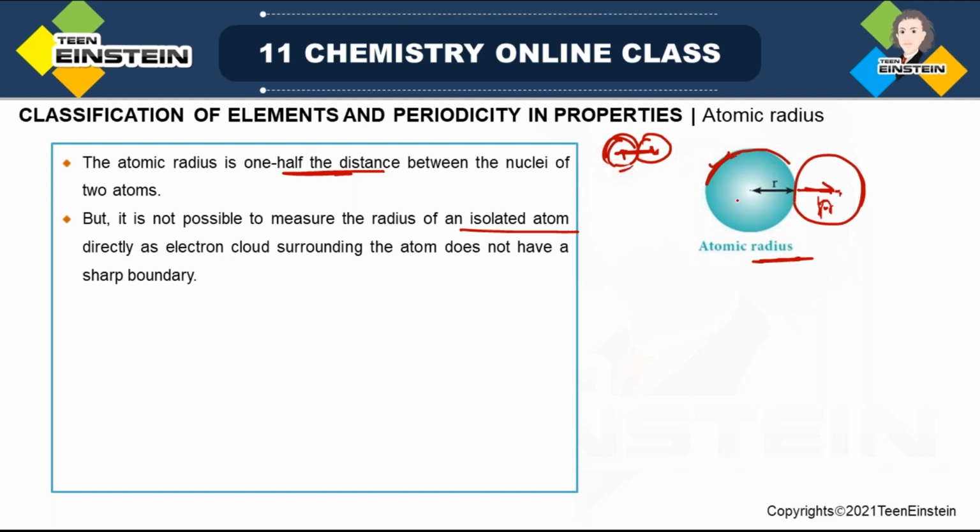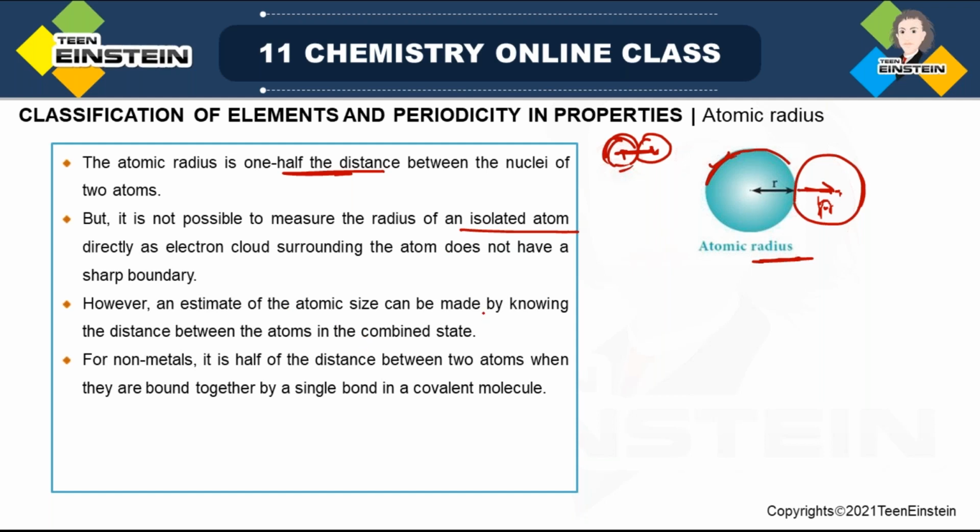Though from the picture it seems to be a defined sphere, if you consider an isolated single atom, it is difficult to say where the electron cloud actually ends. So that is why measuring the radius of an isolated atom is not possible. There is no sharp boundary. Though from the picture it seems to be a boundary, actually there is no sharp boundary. So that is the reason the definition is given as if two atoms are present side by side, and then you are connecting the two nuclei and taking half of that distance.